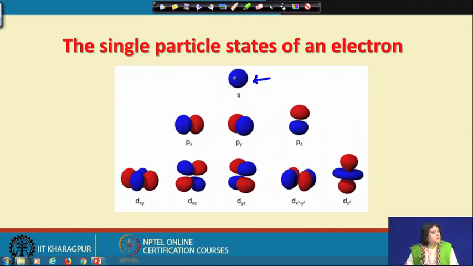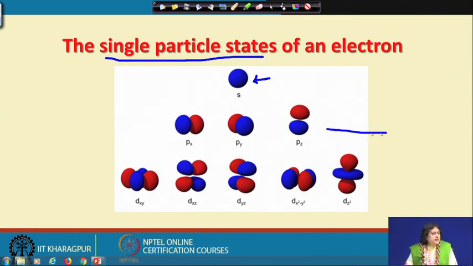So, this is a single particle state of the electron in a hydrogen atom, and this is the simplest representation of a single particle state of an electron that we know of from our study of hydrogen atoms.